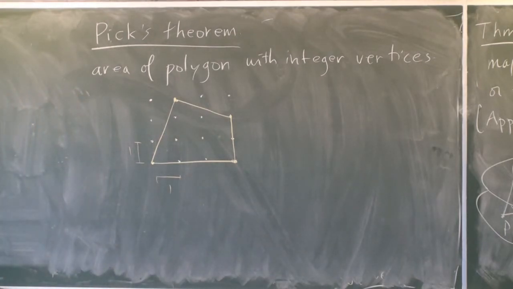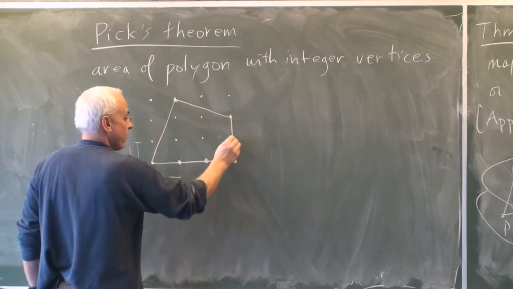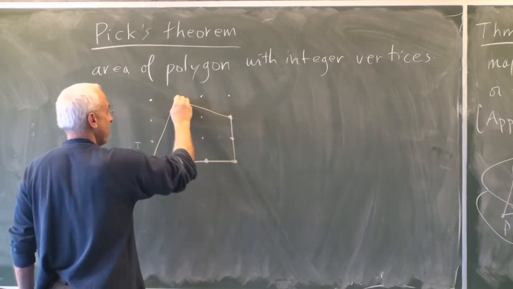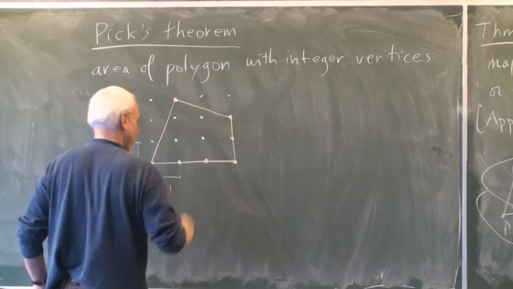So Pick's theorem gives us a formula for the area in terms of the number of vertices that lie on the boundary and the number of interior vertices.